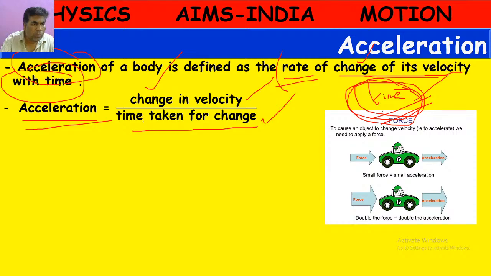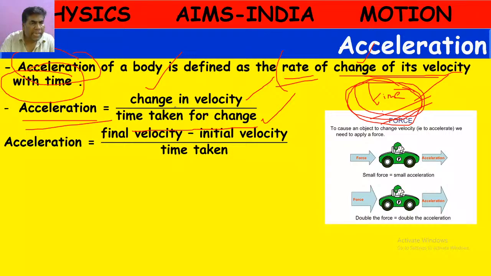So this ratio is called acceleration. Change in velocity means in the end it will have some velocity which is called final velocity, and in the beginning it will have some velocity that is called initial velocity. The difference is called change in velocity. Change in velocity by time taken is called acceleration.